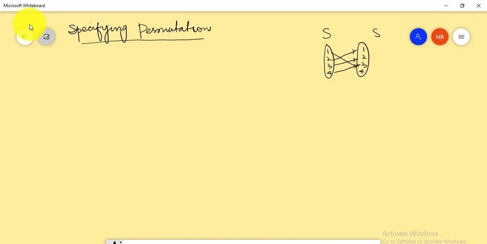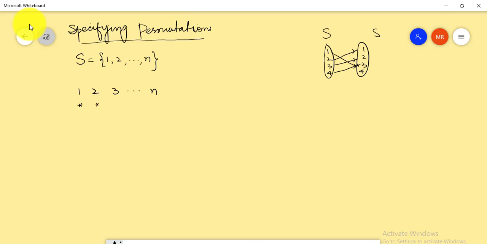So, what do we do in this case? For example, I have a set S with n elements. We write the elements of this set in a line. And then underneath element 1, we write its image.